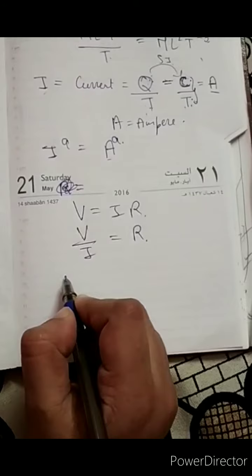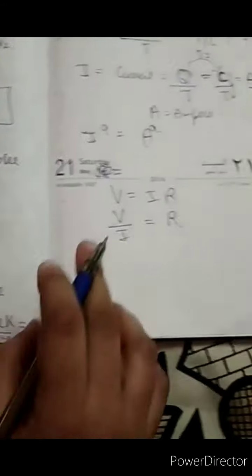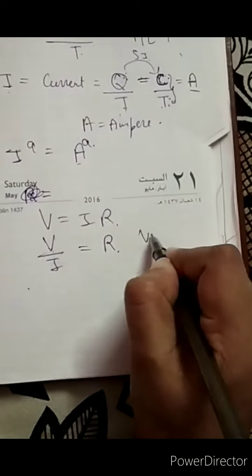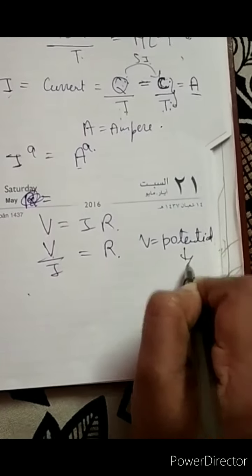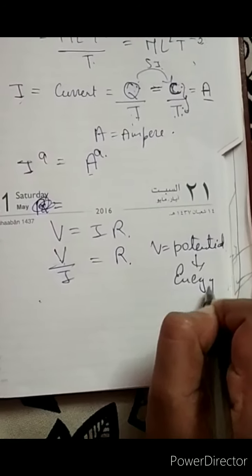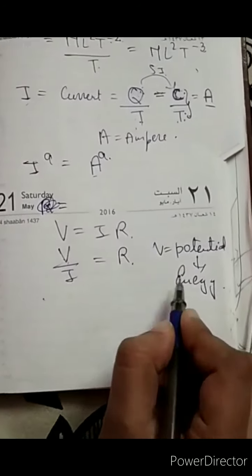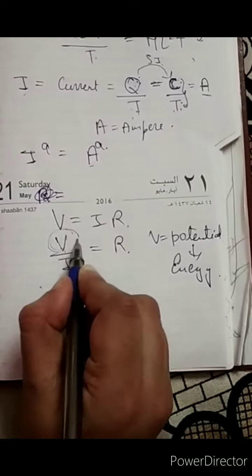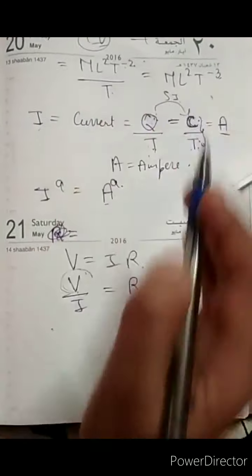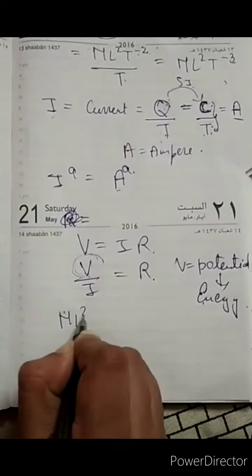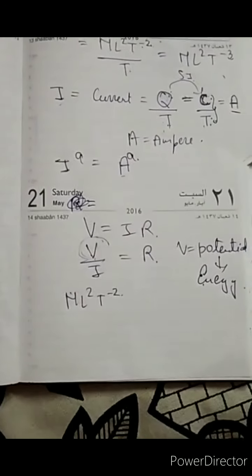Potential means energy. So this will give you energy, and the energy formula is ML²T⁻².